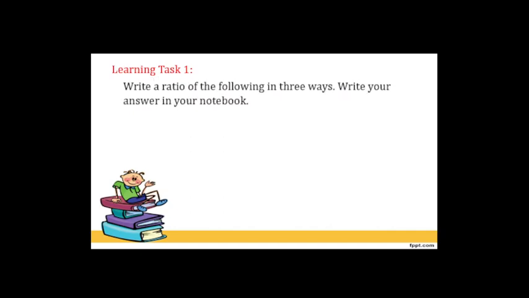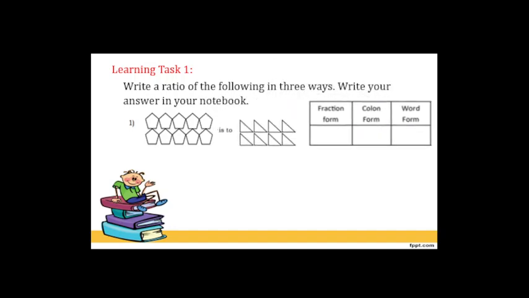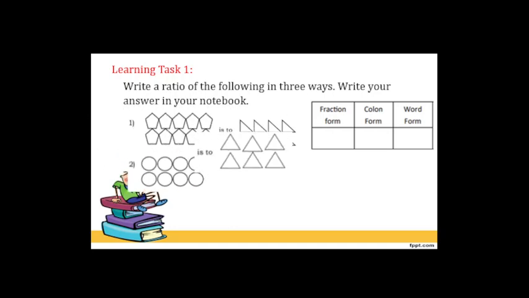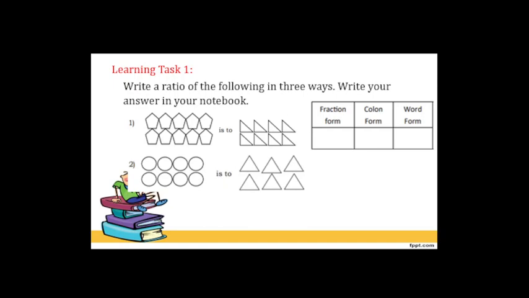And for your learning task 1, you may do this. Write a ratio of the following in 3 ways. Write your answer in your notebook given the figure. Compare these, in fraction form, colon form, and word form. And then for number 2, compare the rectangles to triangles.